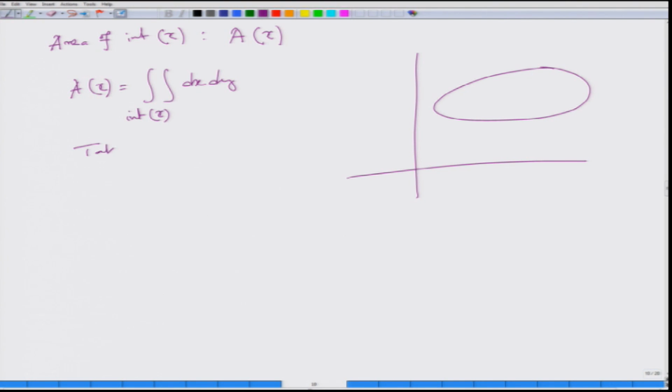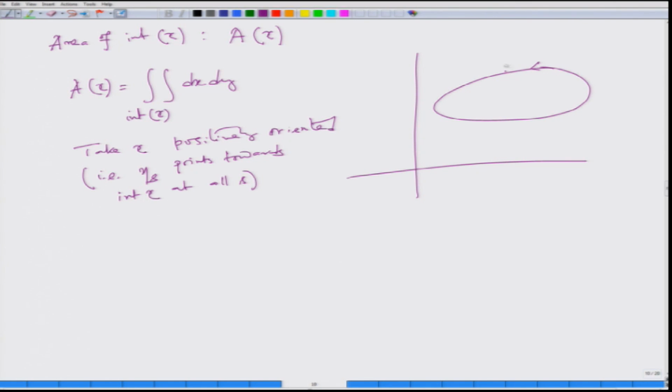Take gamma positively oriented. What do I mean by that? That is, eta s points towards the interior of gamma at all s.